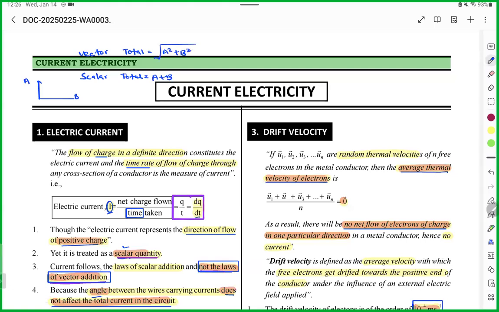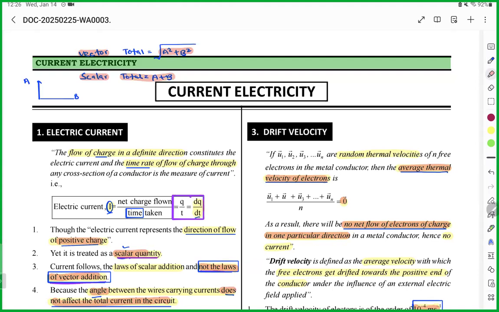Understood? That is the biggest difference. In case of vector, you take square addition and then square root. But in case of scalar, simple addition. Got it? Any doubt?